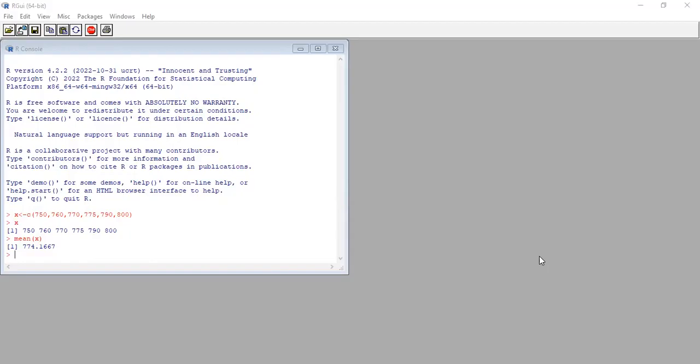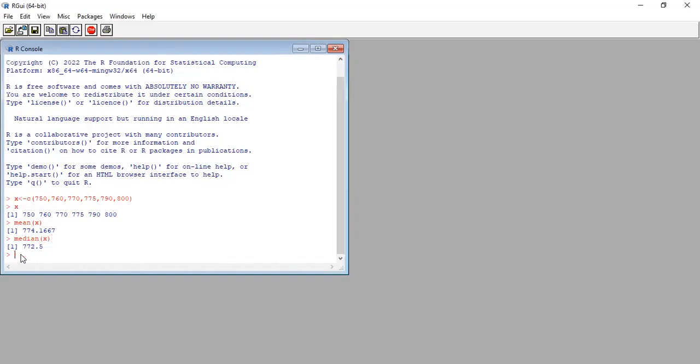Do you have any guess? Yes, you are right, it's the median function. We just use median and specify our variable, which gives 772.5, exactly the same number.